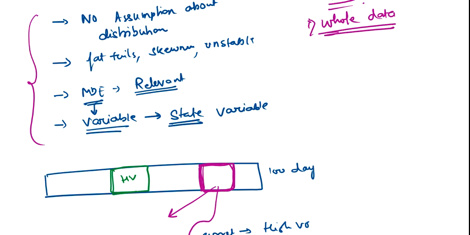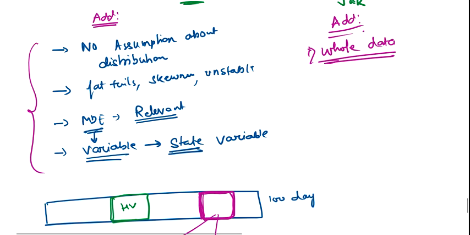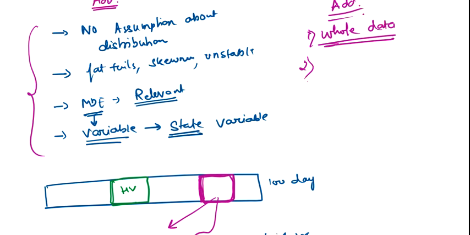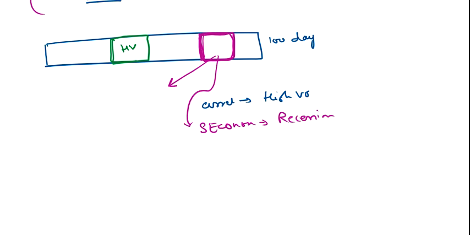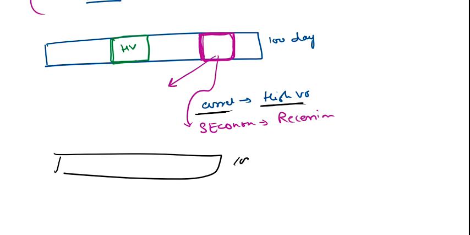Now the second disadvantage. If I am saying disadvantage for the non-parametric, consider it as one of the advantages of the parametric. When I am using the MDE, suppose I want a period of high volatility, and in this period of 100 days I do not have any such period. Then the data is not at all of use for me.